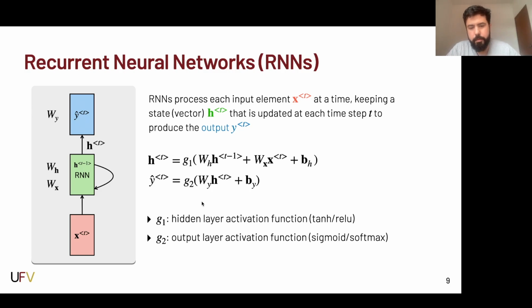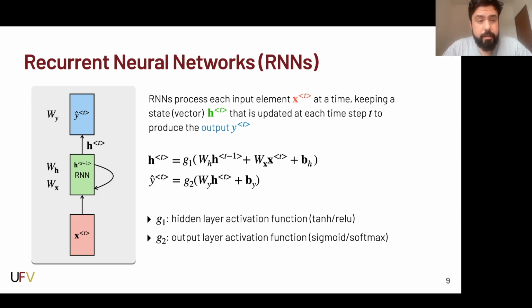So if you have a regression problem, you would use just an identity function. But if you have a classification problem, you would have a sigmoid or softmax. Like the named entity recognition problem, you would have maybe a softmax as g_2 because we have many entities and their classes. But if you have a binary problem, then you might have a sigmoid as an activation function for g_2.